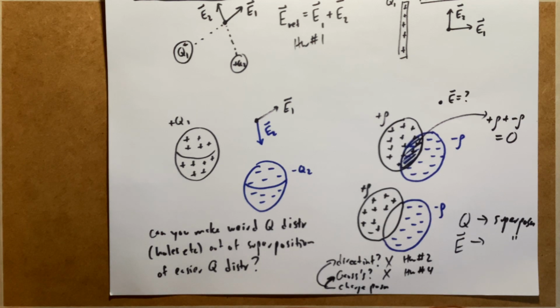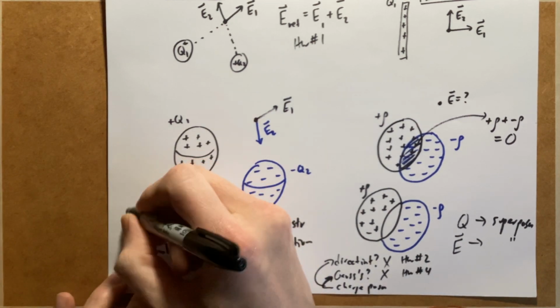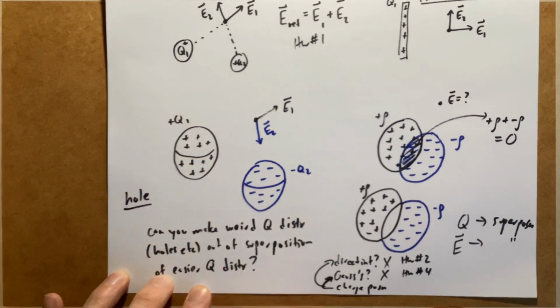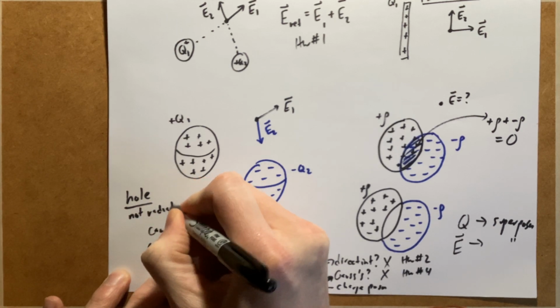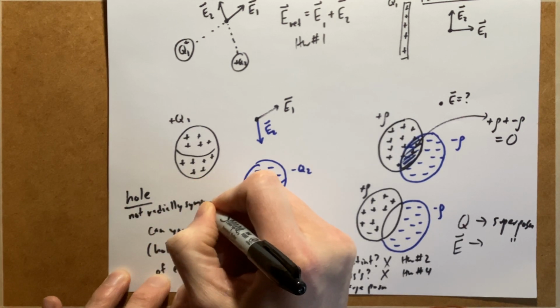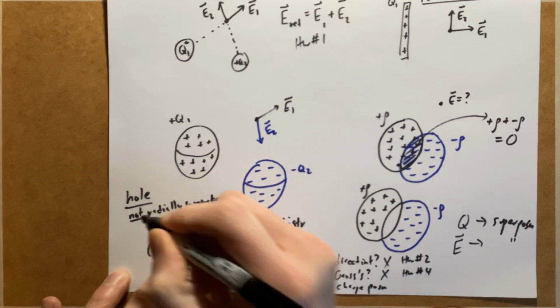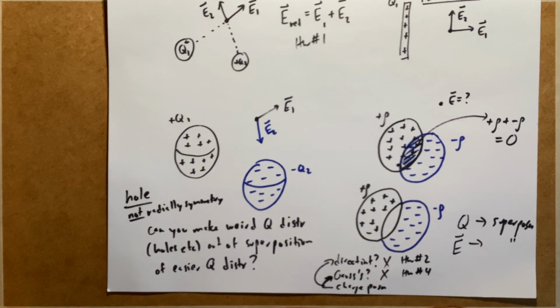So the big giveaway, if you have a hole of some sort, it's worth trying, especially if that hole is not radially symmetric. Of course, radial symmetry is required to use Gauss's law in its raw form.